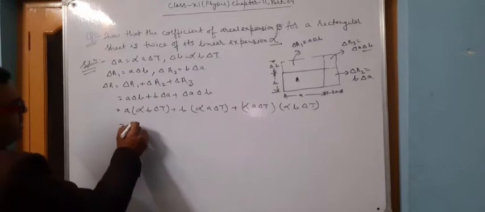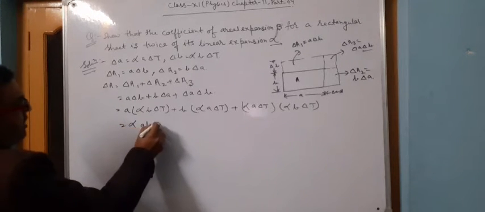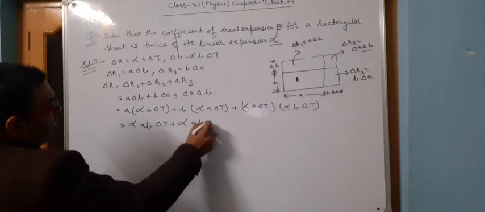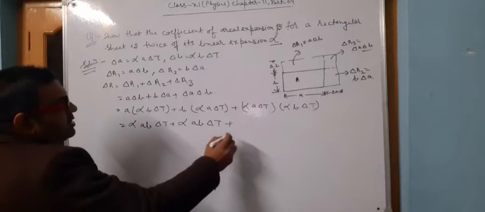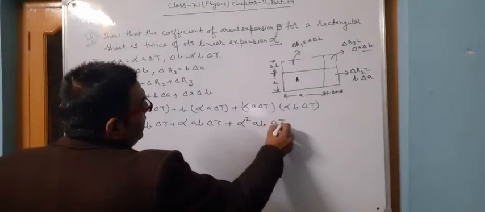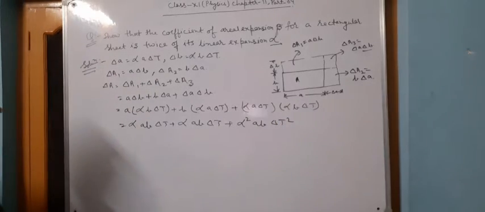We can write it as alpha AB delta T plus alpha AB delta T plus alpha square AB delta T square.